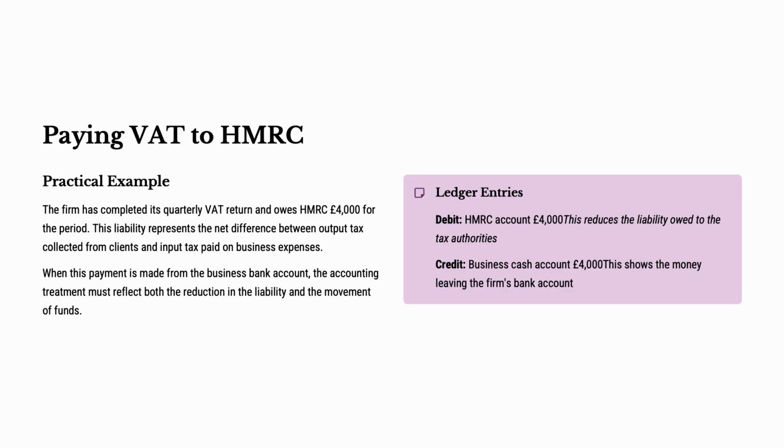So, paying tax to HMRC. We have an example that will explain everything. Imagine the firm owes HMRC £4,000 for the quarter. When paying that money, the firm reduces the HMRC liability by debiting the HMRC ledger and reduces its cash by crediting the business bank account.